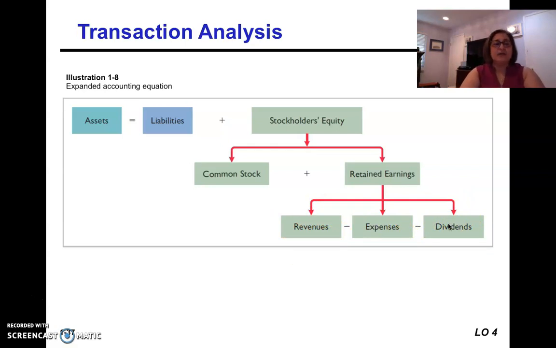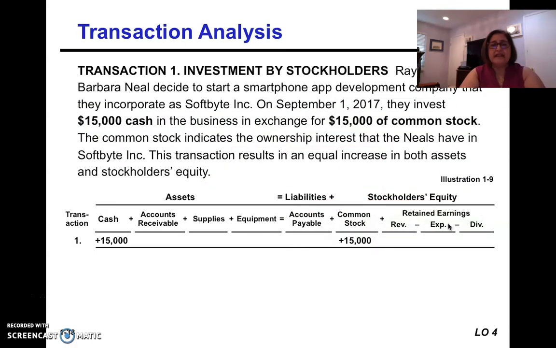So the next part of the chapter talks about the effect of each transaction on the expanded accounting equation. Does it increase an asset, decrease an asset? Each transaction, you've got to remember, affects at least two items on the expanded accounting equation.